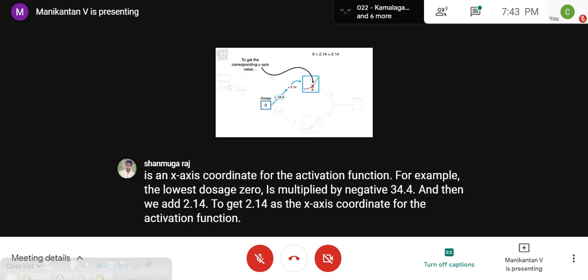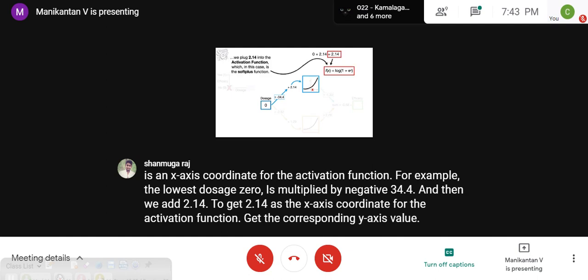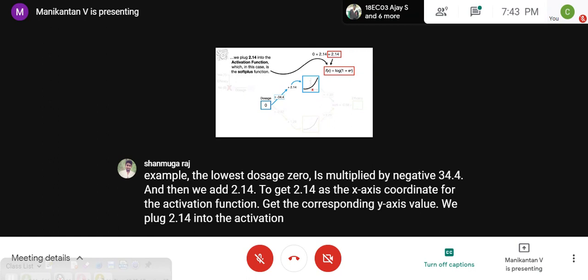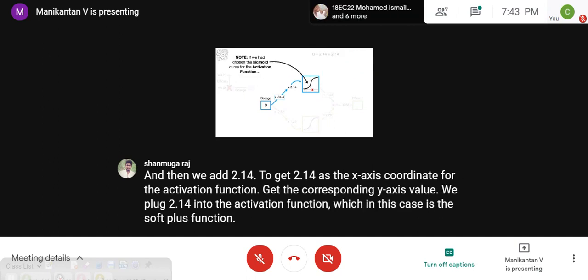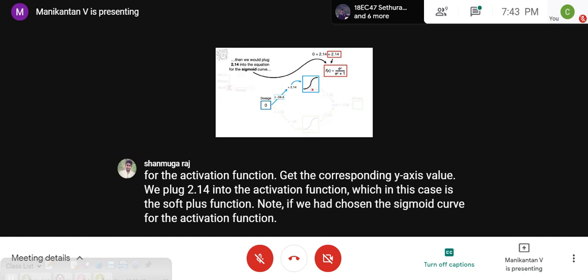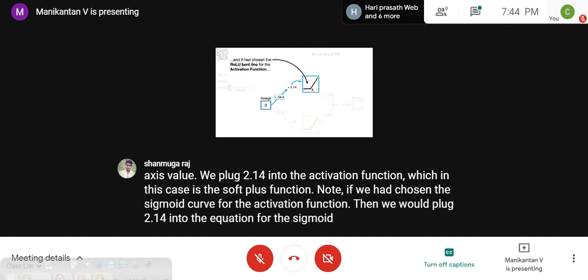To get the corresponding y-axis value, we plug 2.14 into the activation function, which, in this case, is the soft plus function. Note, if we had chosen the sigmoid curve for the activation function, then we would plug 2.14 into the equation for the sigmoid curve.